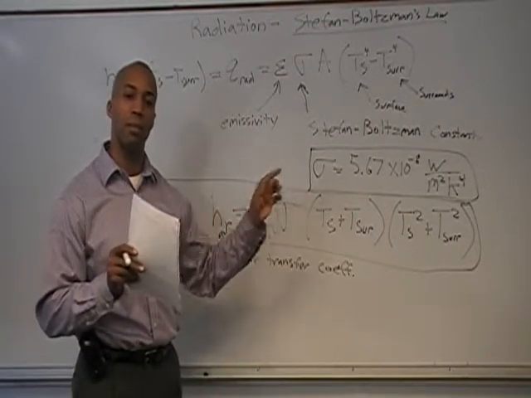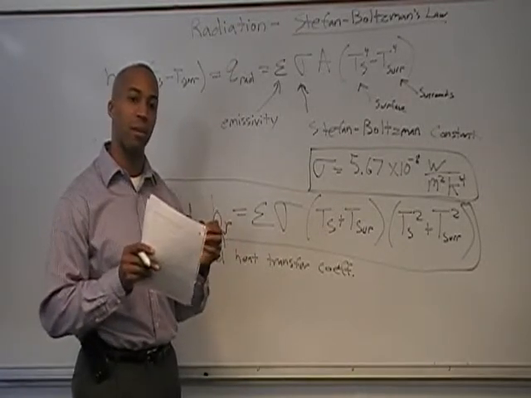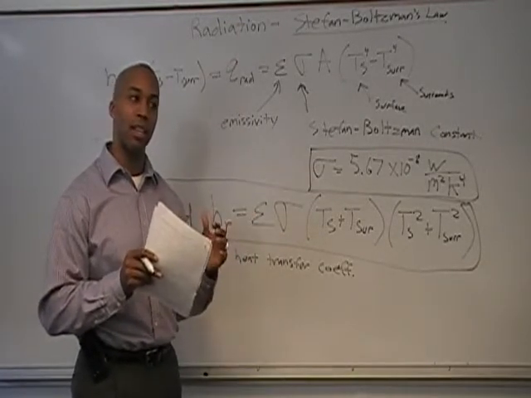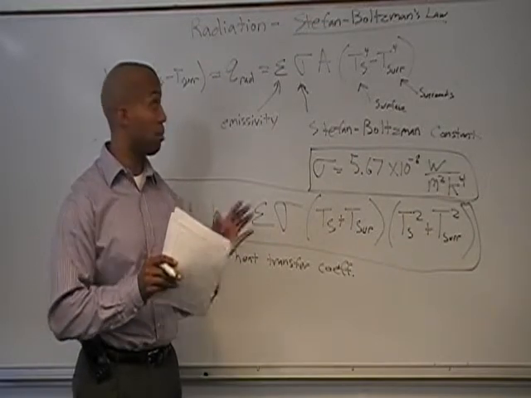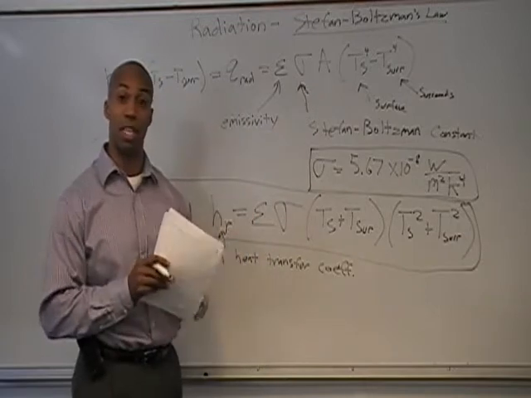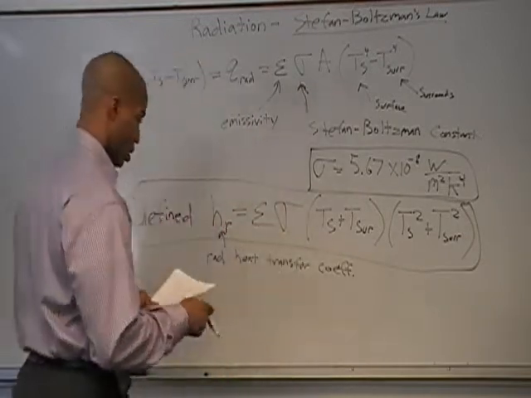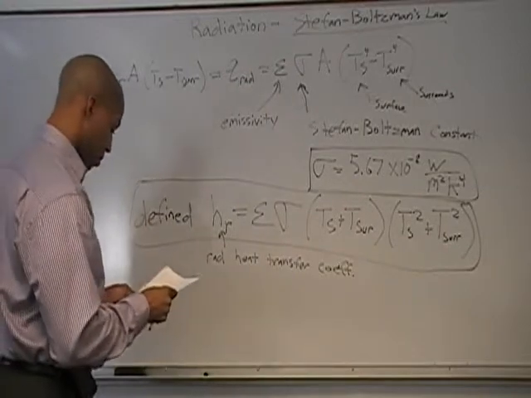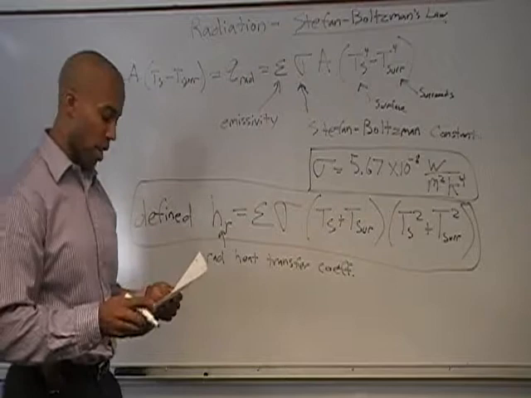Maybe put some numbers in and run through it and just make sure that makes sense to you. For radiation to be significant in a lot of problems, the temperature difference between the surface and the surroundings has to be very large because of the fourth power dependence. So let's go ahead and take a break here.